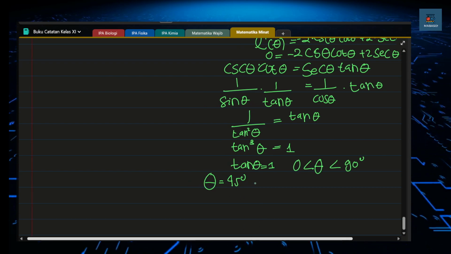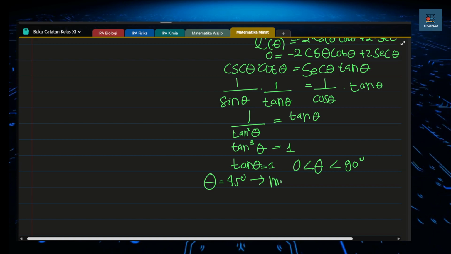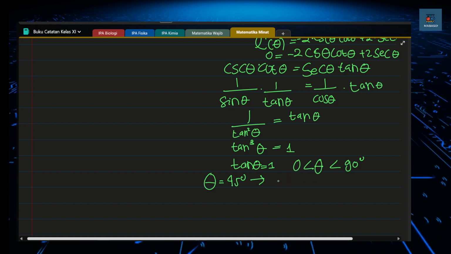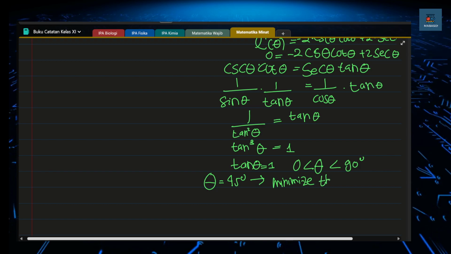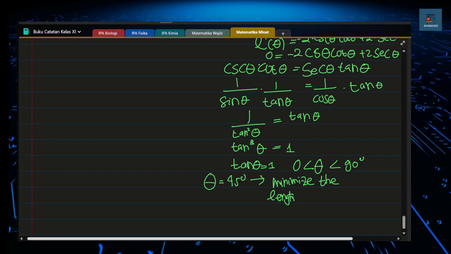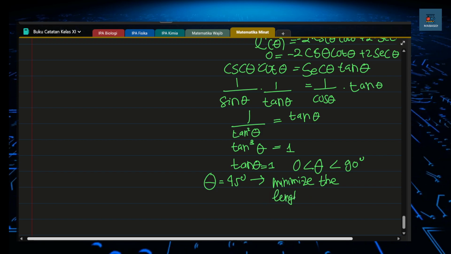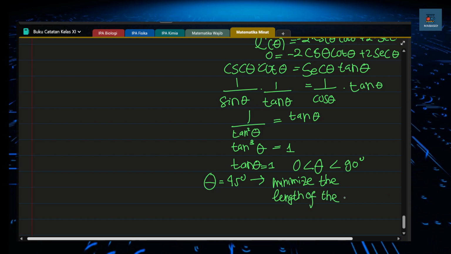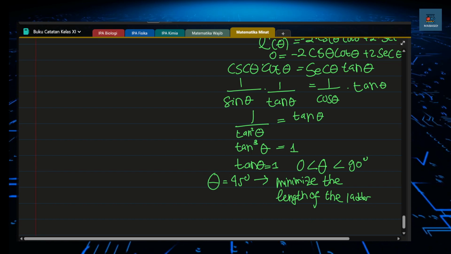So the angle has to be 45 degrees in order to minimize the length of the ladder.